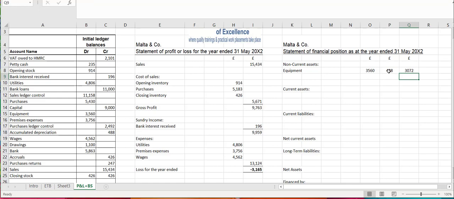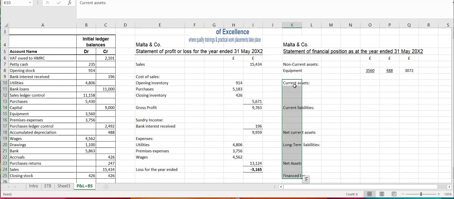And that is the only asset I have. So I don't really need to bring down my totals, technically, because I've only got one item in there. Those two have finished their mission, so I can close off those two, and then I can push my headers upwards a bit if I want to. And then we come to the current assets section.